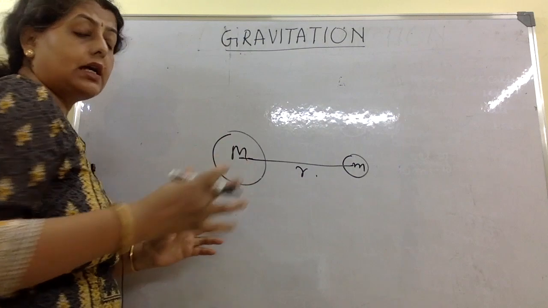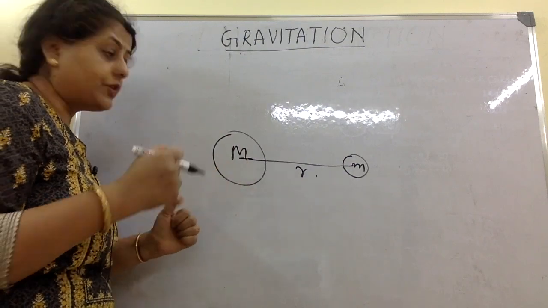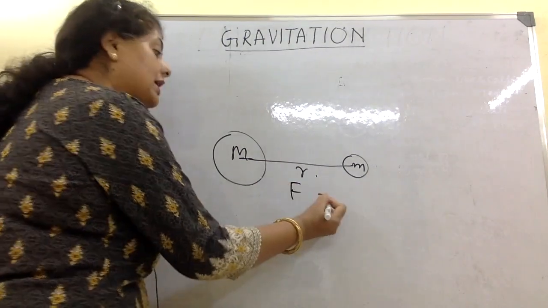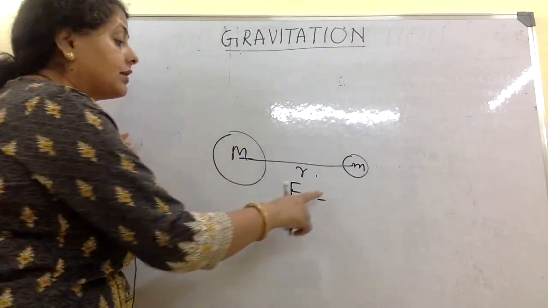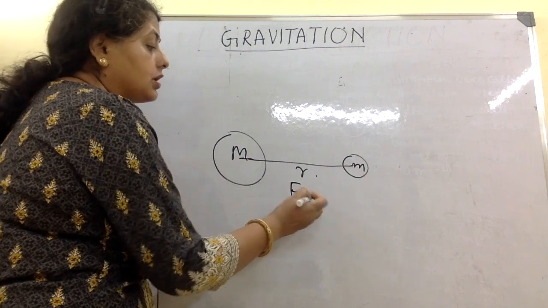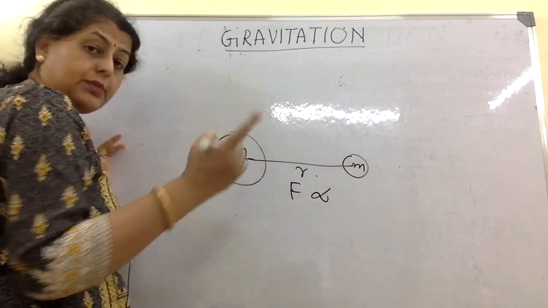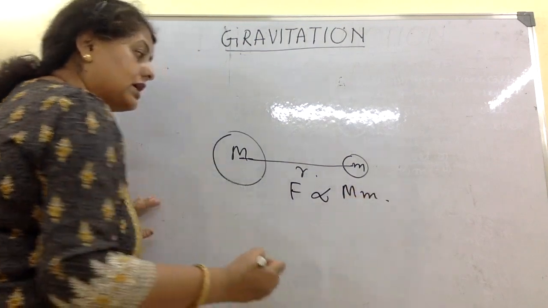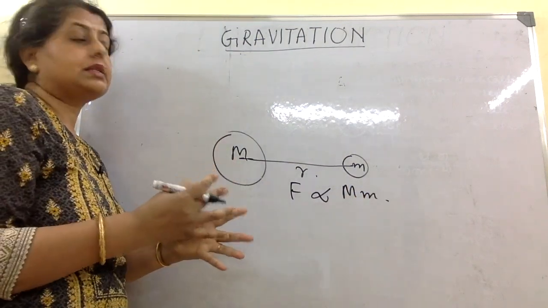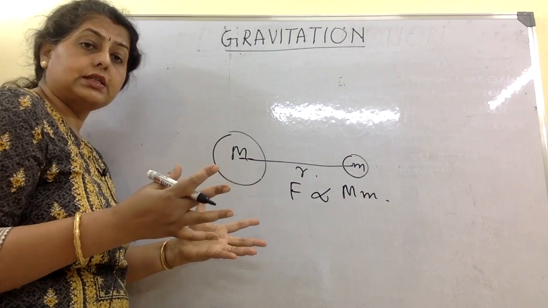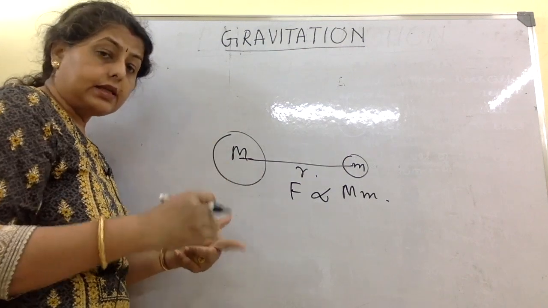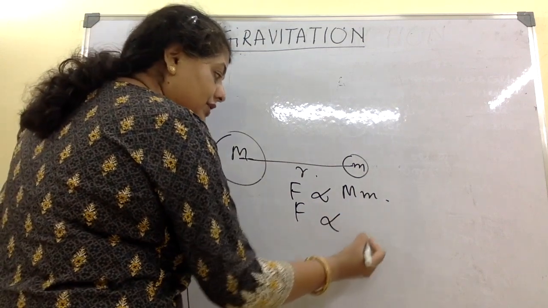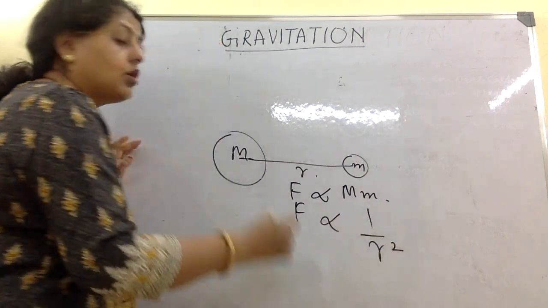These two bodies have a force of attraction working between them, and that force of attraction we write as F. That force of attraction is directly proportional to the product of the masses, which means the more the product of the masses increases, the more the force of attraction increases.